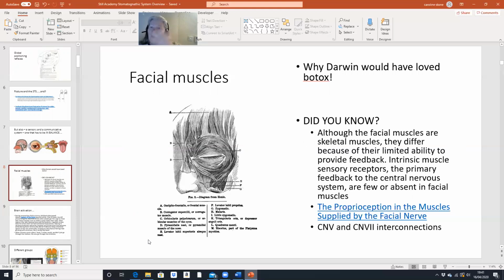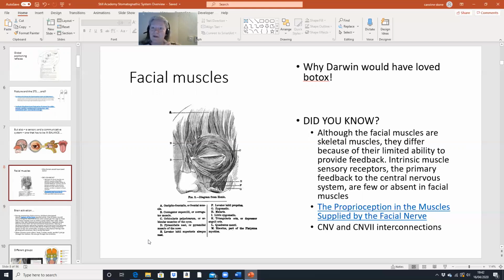And actually, if you have, for example, Botox, I mean, Darwin would have loved Botox, and I'll explain why. When you have Botox and you remove the ability of the face to have an expression, great, you look less wrinkled, and so you may well feel emotionally happy if you were riddled in advance, and now you've got this nicer, smoother, younger looking skin.